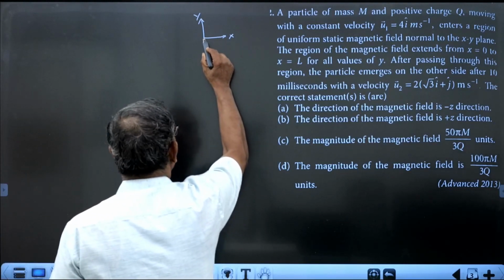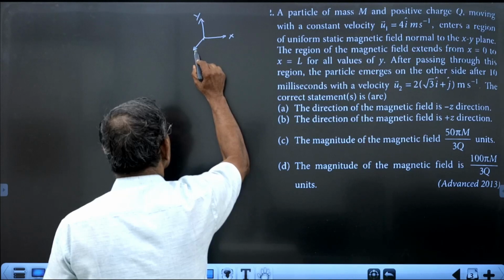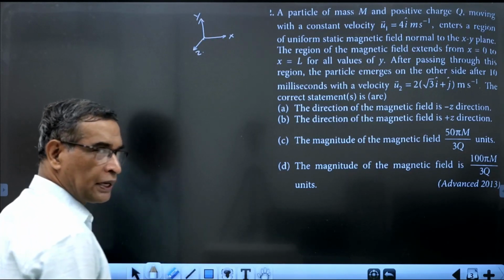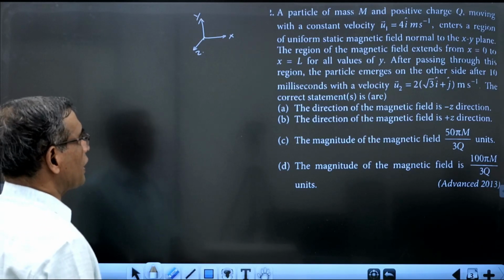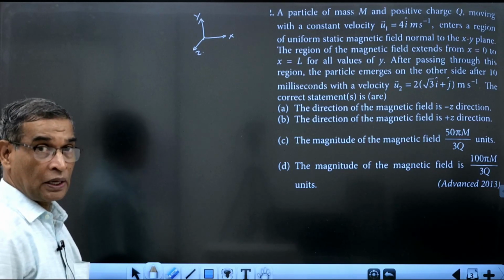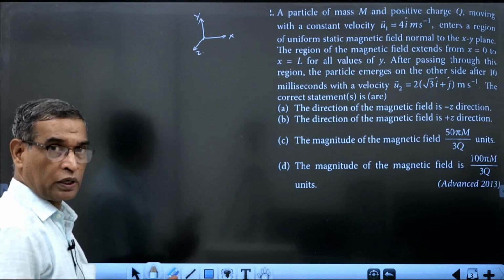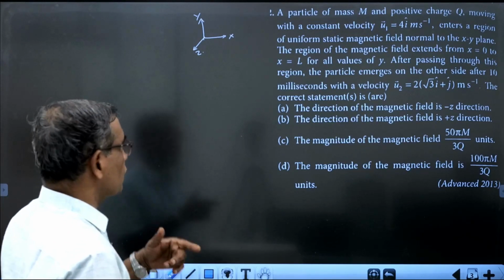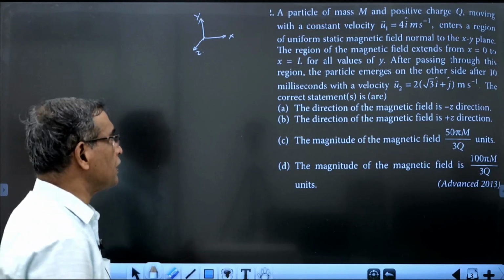So the magnetic field existing there can be either inward or outward to the plane of the board, that is, in the positive z direction or negative z direction.